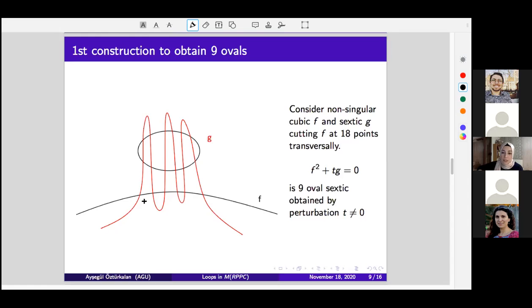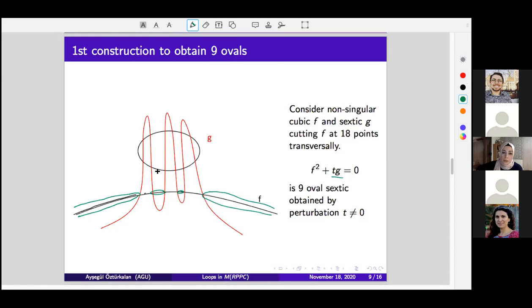How does it happen? This is F squared plus TG. With F squared, we have doubles here. Okay, these are all doubles. And whenever we have TG, with positive T, it will be like that and like that.